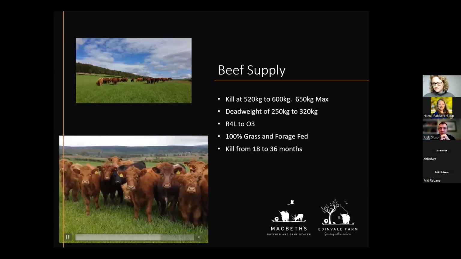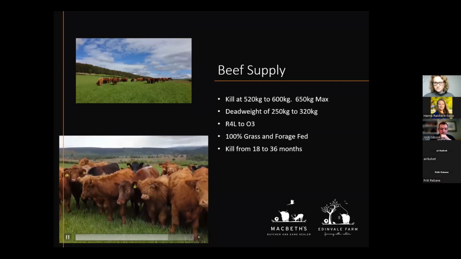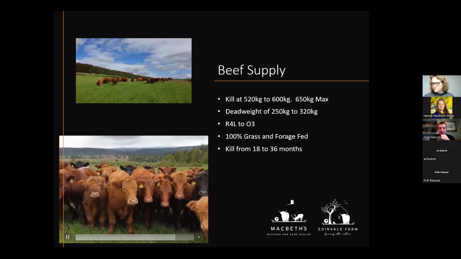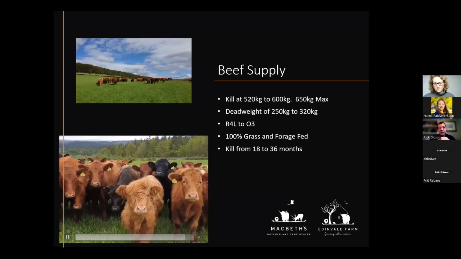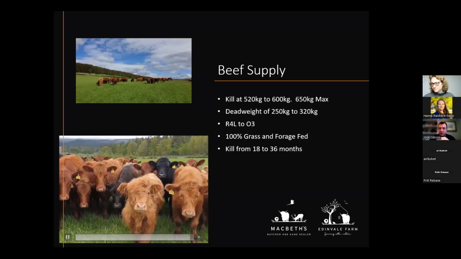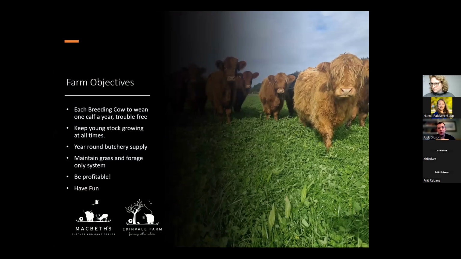For what it's worth, our kill out grades are R4Ls to O3s, O+3s. And that gives us in the butcher's shop a nice sirloin steak that we can cut at 225 grams at 1 inch thick or 25 millimeters thick. And we're killing from between 18 to 36 months, 18 for the pure Shorthorns and 36 months for the Highlanders.